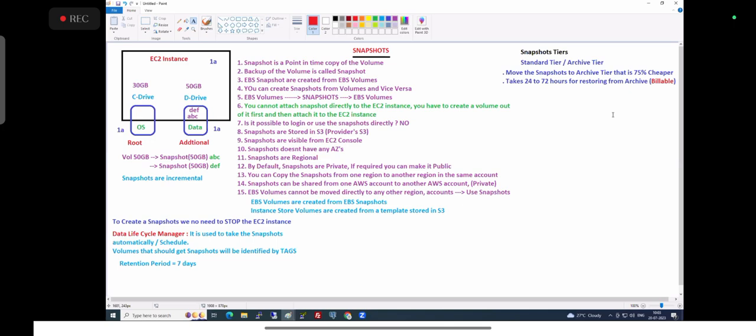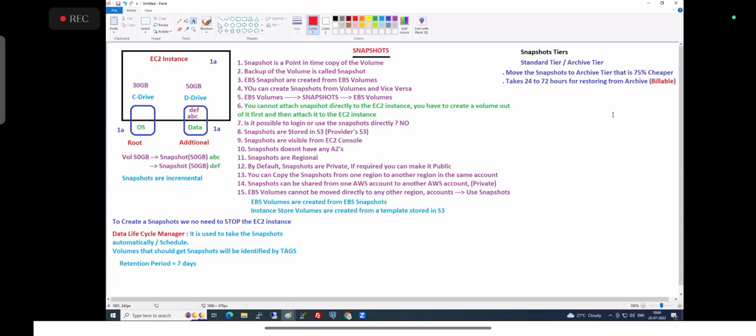To answer your question, generally snapshots or backups can be of two types: one is automatic backup, another one is manual backup. Is the lifecycle manager taking automatic or manual? Automatic. So for automatic, you can put the retention period as how many days.